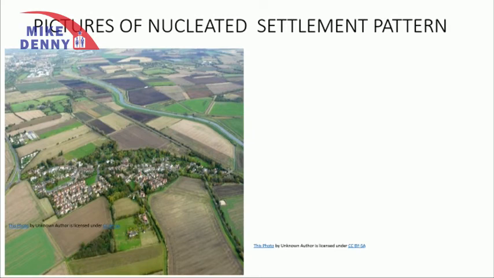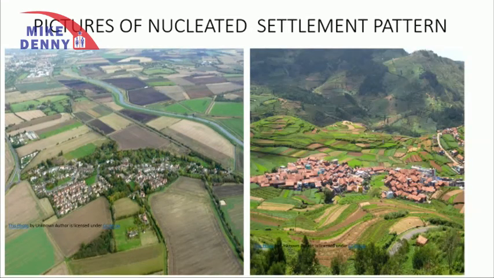The rest of the areas are empty, and you see the areas where people are actually concentrated. That's another nucleated settlement pattern. The rest of the areas are empty, and as you can see, they are concentrated at a particular area.